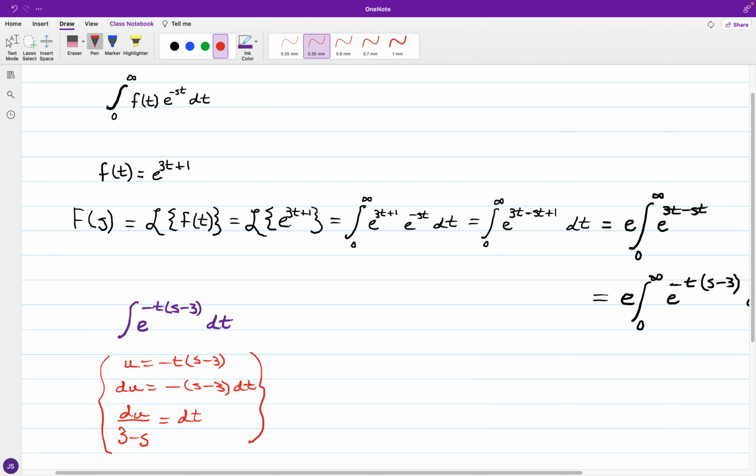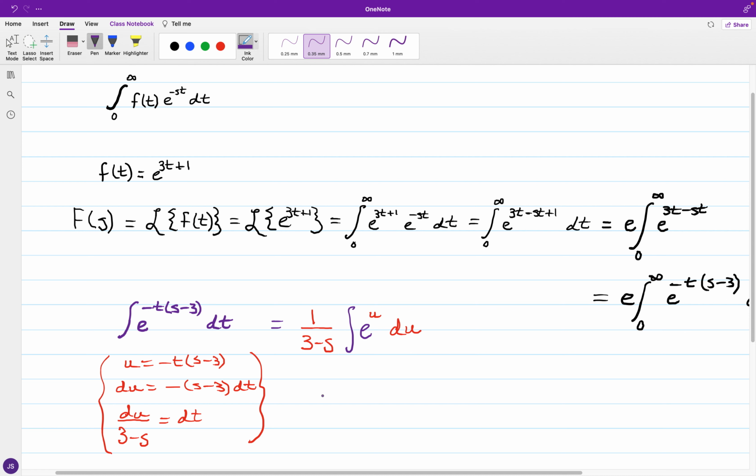and putting what we have in terms of substitution. For dt, I'm just going to put the reciprocal of 3 minus s out to the front, times the integral of e to the u du inside the integral symbol.